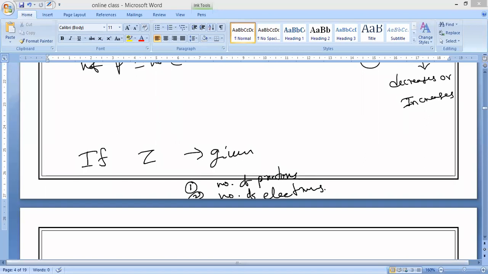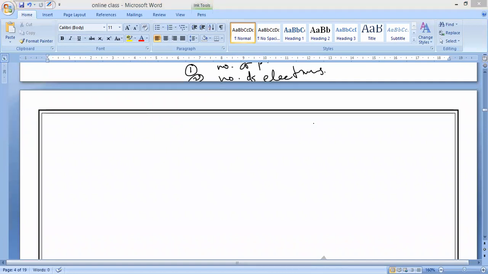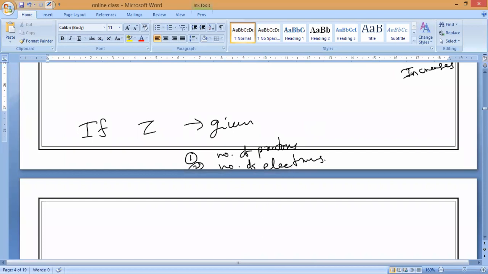So please all of you write. The atomic number of an element tells us two things. First point, it will tell us the number of protons in one atom of the element.